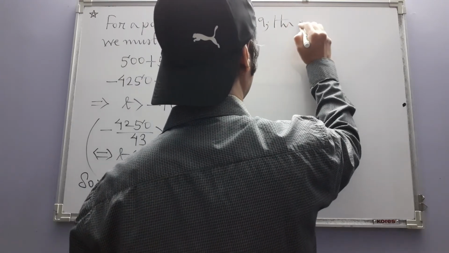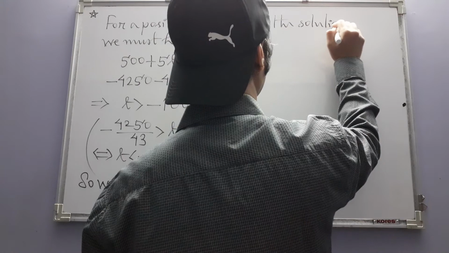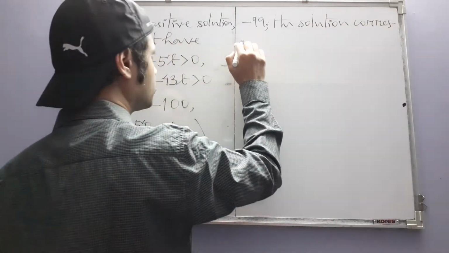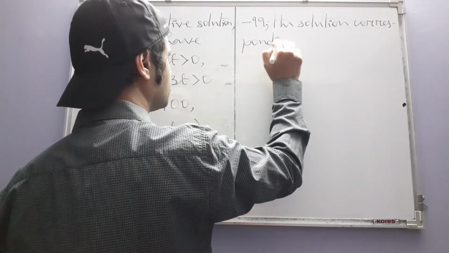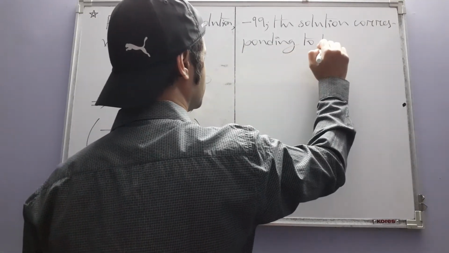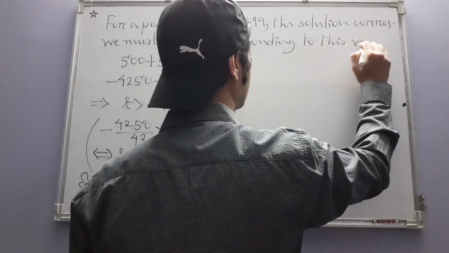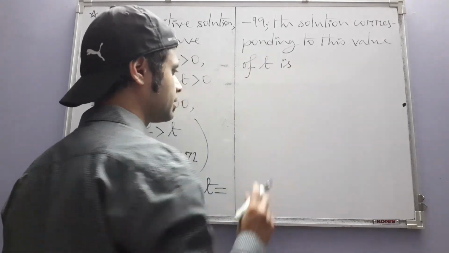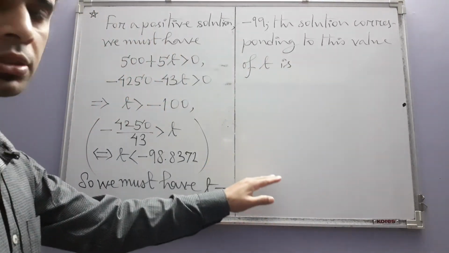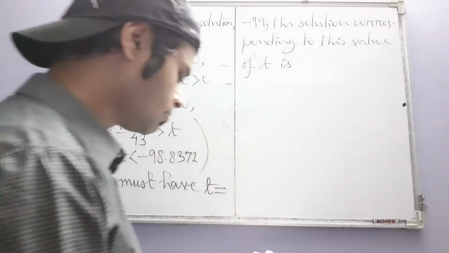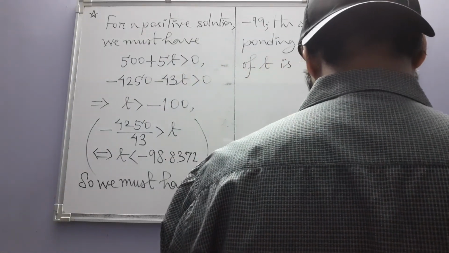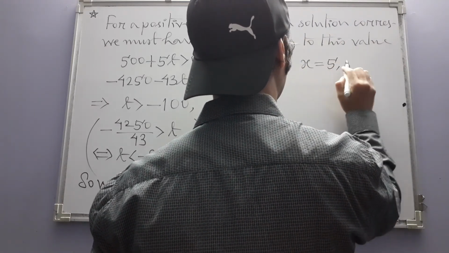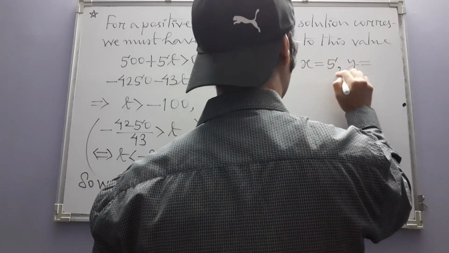The solution corresponding to this value of t is, one can calculate using the expressions for x and y that we found out, that in this case x would be 5 and y would be 7, I think.